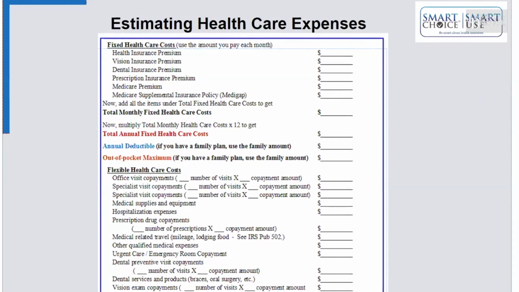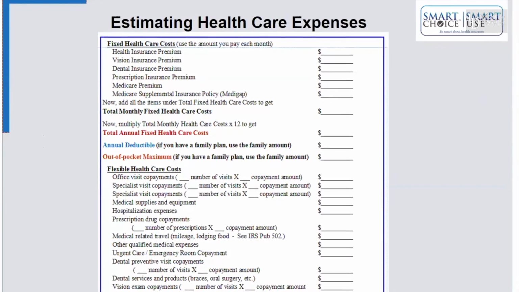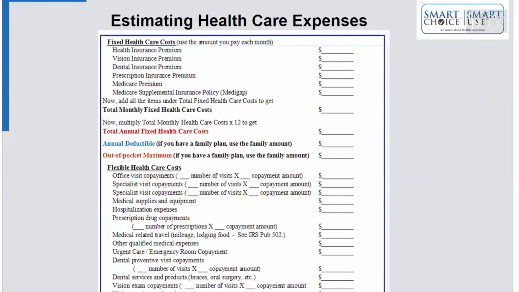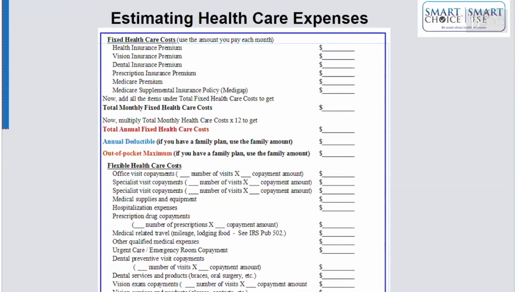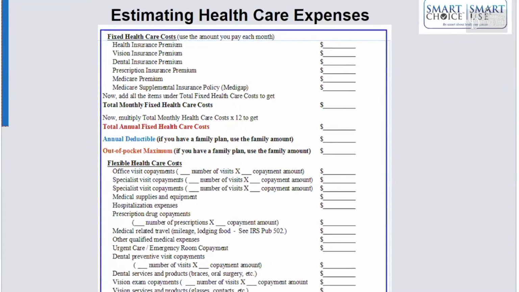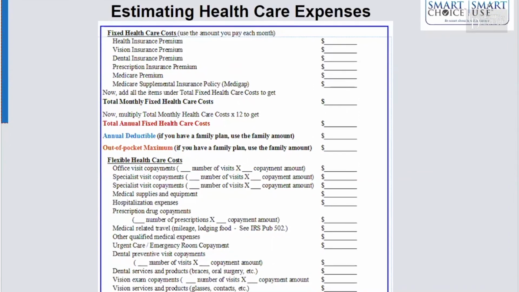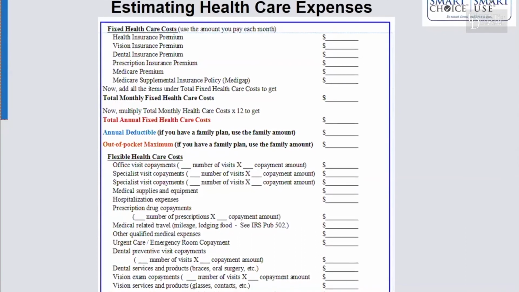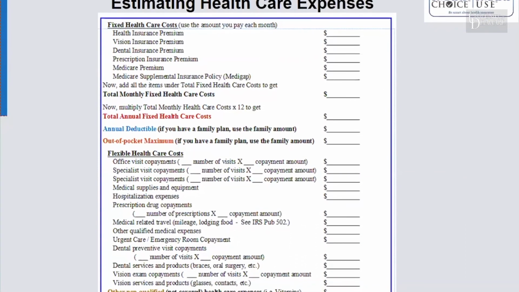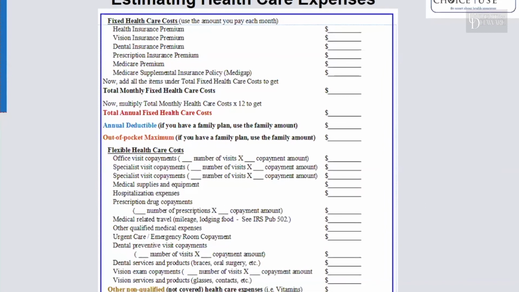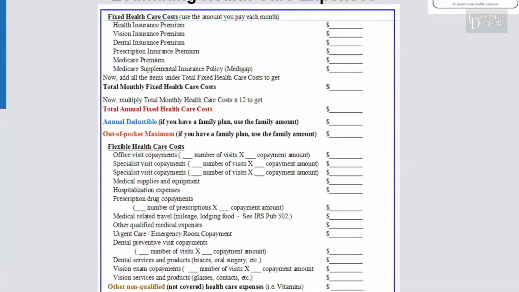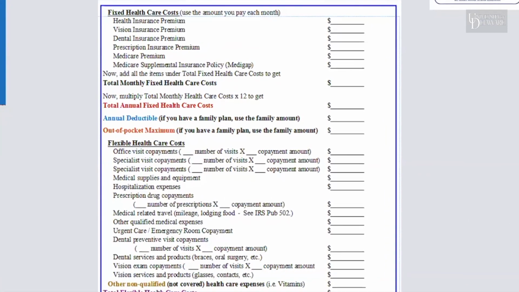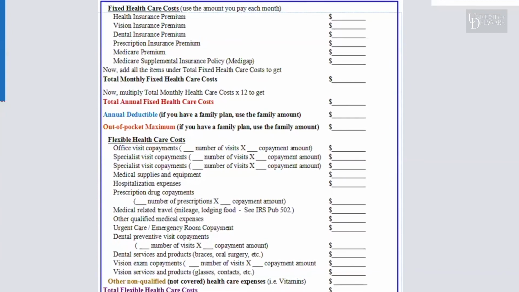This slide comes from that estimating healthcare costs publication, and you can see it's a blank form that gets you to really think about, well, what are my premiums? Is there a deductible? Is there an out-of-pocket maximum? That's sort of the fixed healthcare expenses.